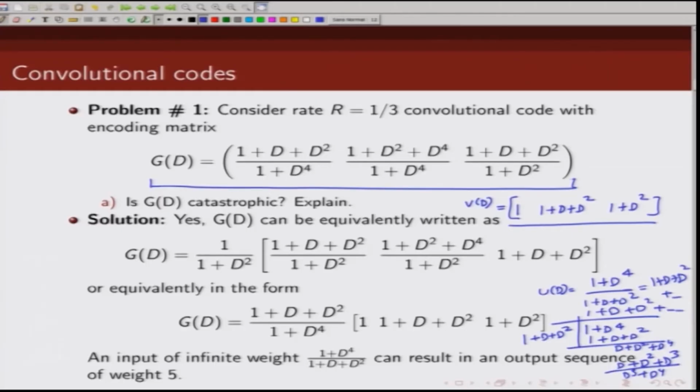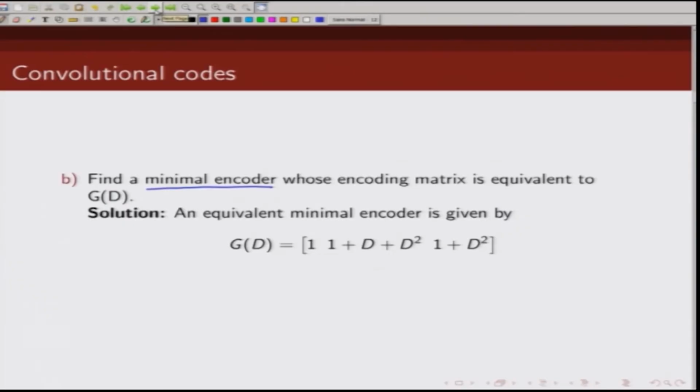If we take out common factors, then what we get is our minimal encoding matrix, and if I ask you to draw this encoder, k is 1, n is 3, the maximum memory is 2. So, I am drawing 2 memory elements here.